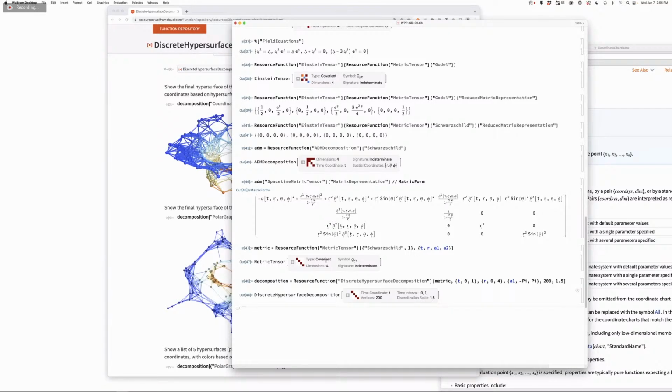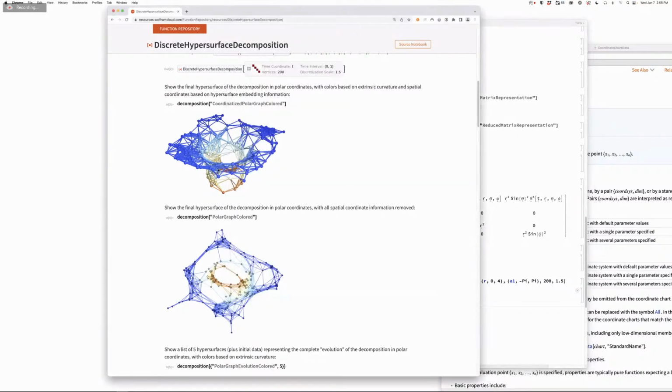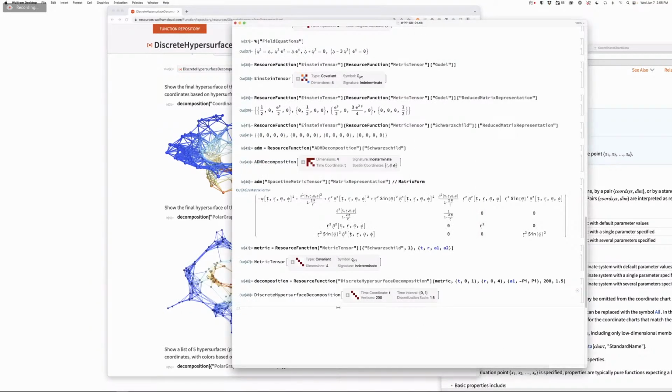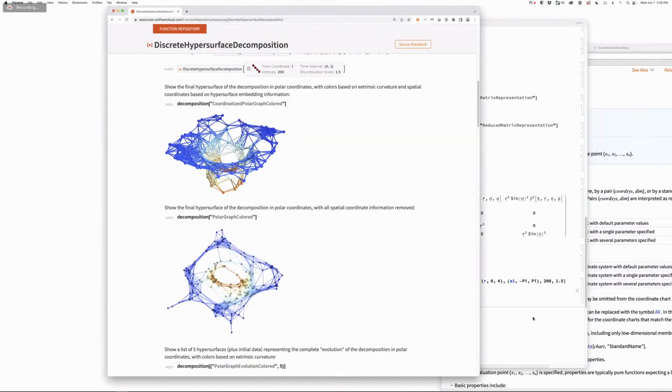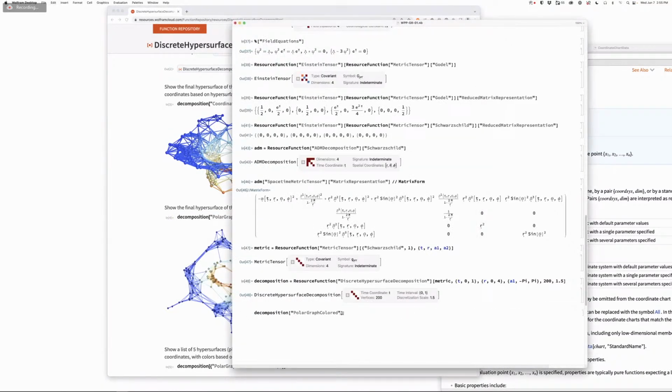Okay, but basically, hopefully we'll get some visualization in a moment. Okay, so if you were to take that, what would you want? You want PolarGraphEvolutionColored. Yes.